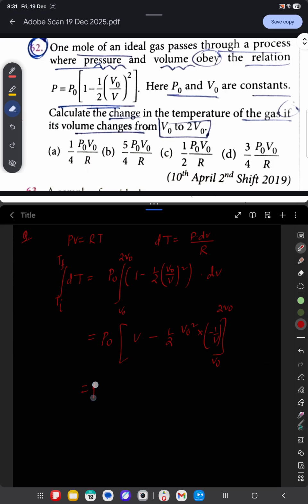So initially that is P naught, 2 V naught minus V naught in place of V, so it becomes only V naught minus V naught square by 2.